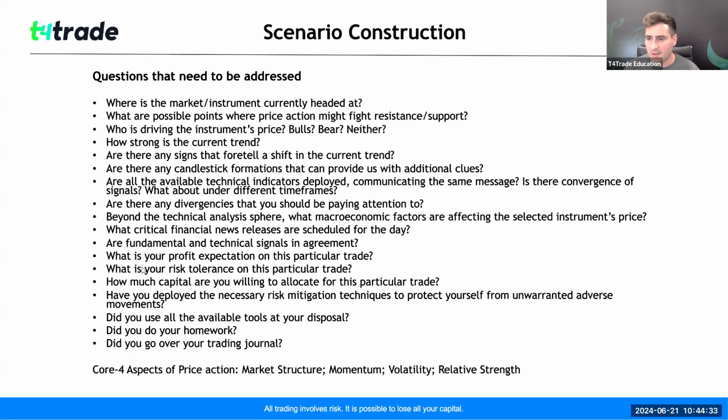Okay, so what is the profit expectation of this particular trade? You said that. What is the risk tolerance of this particular trade? Even more importantly, how much am I willing to lose if my assessment has been wrong? You need to make sure that you come to an agreement with yourself, in a sense. I'm, for example, more inclined to allow myself to lose, let's just say, an arbitrary number, 5%, but I'm willing to gain multiple times higher than that.